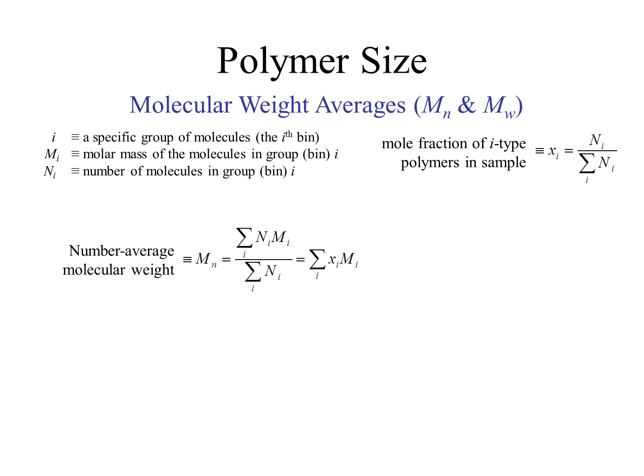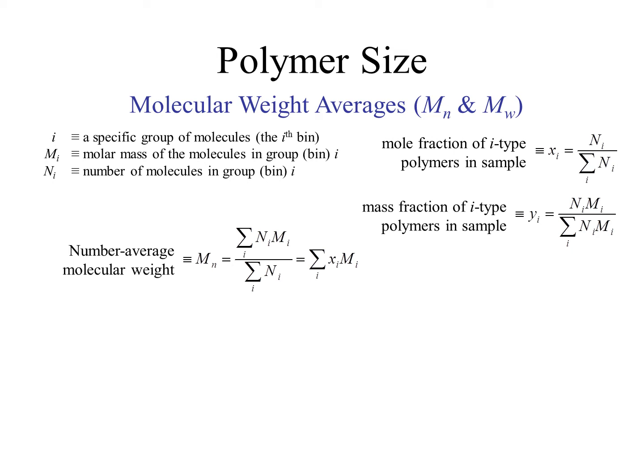This leads us to the number average molecular weight, denoted as M sub n, and defined as the sum of all the i mole fractions times their representative molecular weights. Similarly, the mass fraction of the ith type of polymers in the ith bin is denoted y sub i and defined as the mass of the ith bin divided by the total mass of the entire sample.